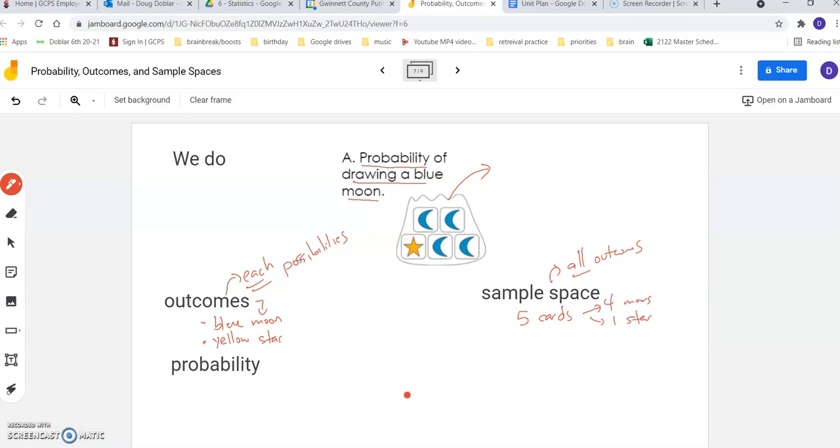Not quite. It's not quite that simple, because if we look at this, when we talk about the probability of drawing a moon, remember that's the number of favorable outcomes out of the number of possible outcomes.